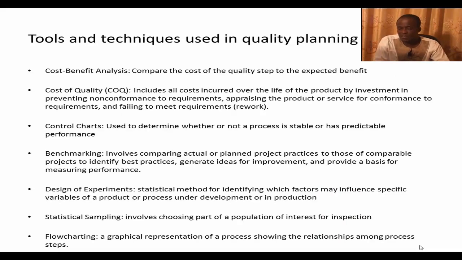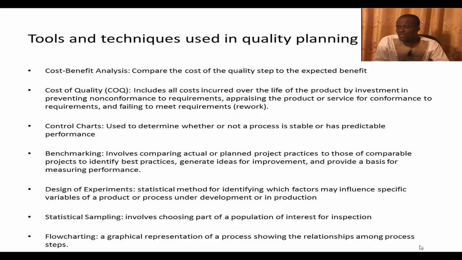First, we have cost-benefit analysis. What costs will be incurred in trying to make sure that the product or the process is of quality, and then what is the expected benefit? Of course, you expect that the benefit should outweigh the cost for it to make business sense to embark upon something.